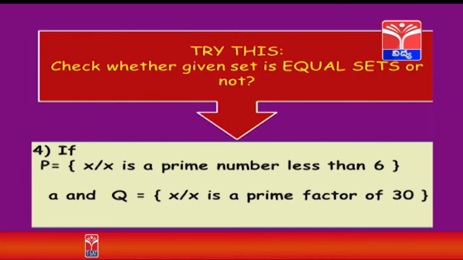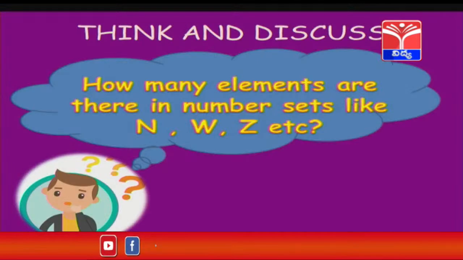First, what you have to do? You have to convert them into roster form. After converting them into roster form, what you have to see? You have to check whether all the elements in P are in Q, and all the elements in Q are in P. So, that is your check point. Let us think and discuss.